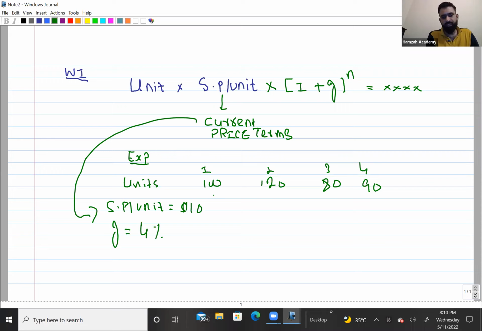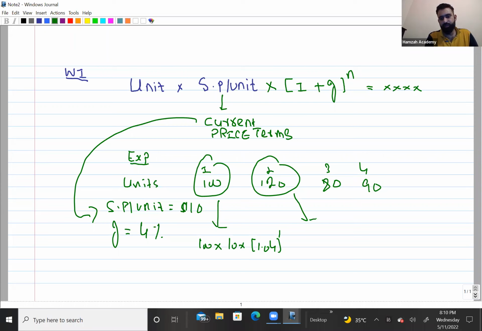So when I calculate the sale revenue for year 1, I will take 100 into $10 into 1.04 raised to power 1. For the sale revenue of year 2, 120 into 10 into 1.04 raised to power 2.